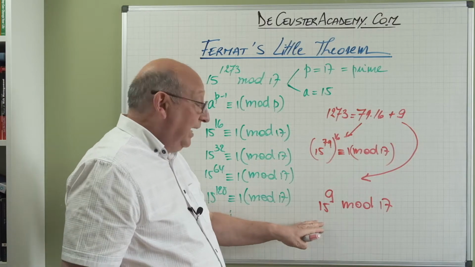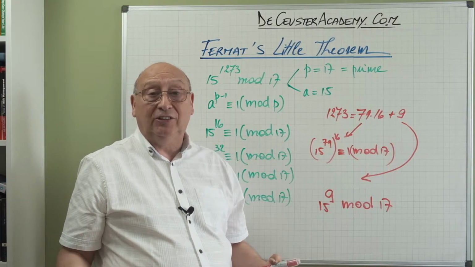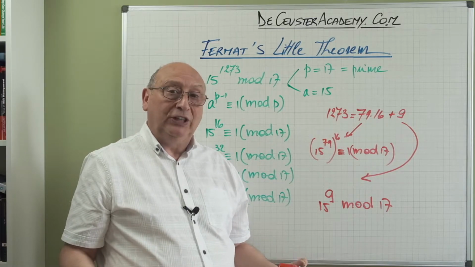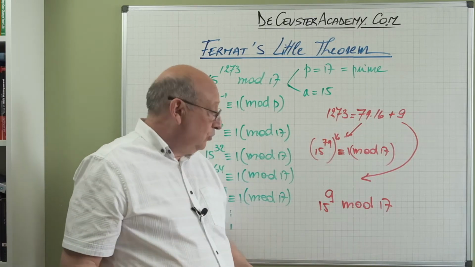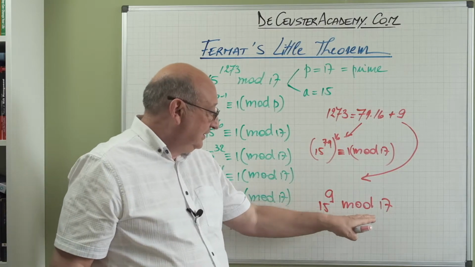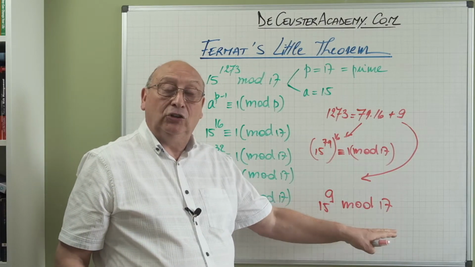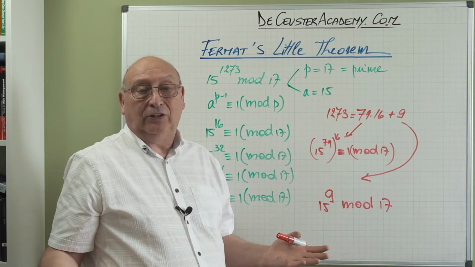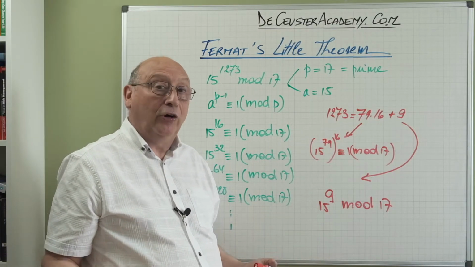And when we look at the fast exponentiation algorithm, remember that we found a way to do this a lot faster. Let's have a look how we can solve this equation using the fast exponentiation algorithm.